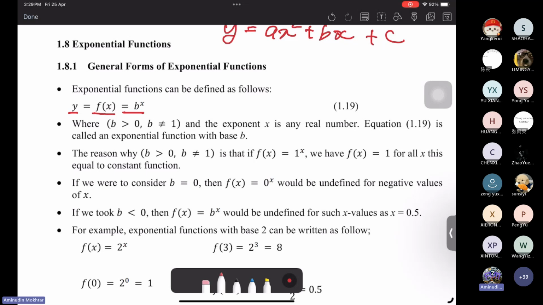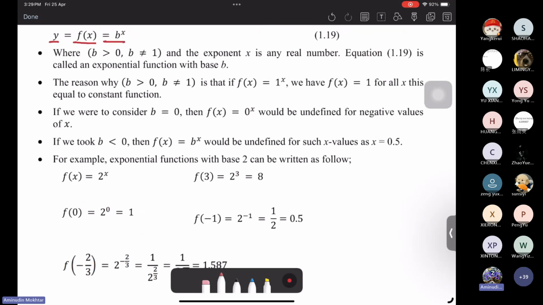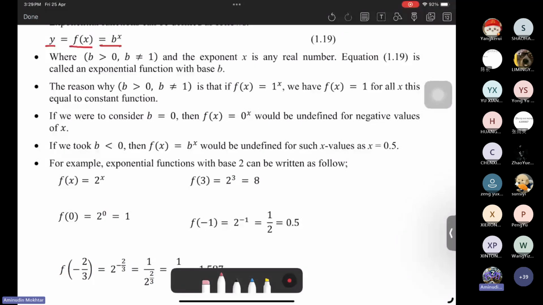Okay, b must be positive. For example, there are a few examples here for the exponential function.